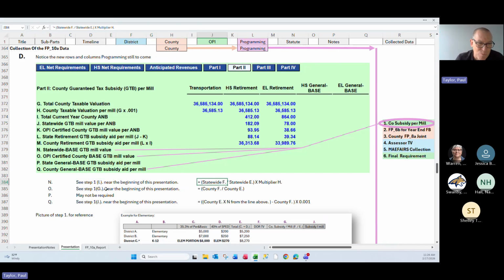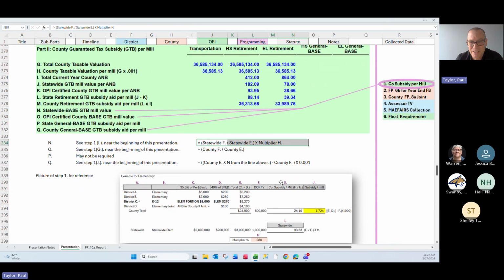Anyway, C step 1L. Oh, this is actually all the way at the very, very top. What's being referred to? It's near the beginning of the presentation. Oh my goodness, it's right here. Look at me, how unprepared and prepared I am at the same time. Here's your F, here's your E. So it's referring to these times the multiplier H. So essentially, it's the very same calculation I discussed right near the beginning of the presentation.